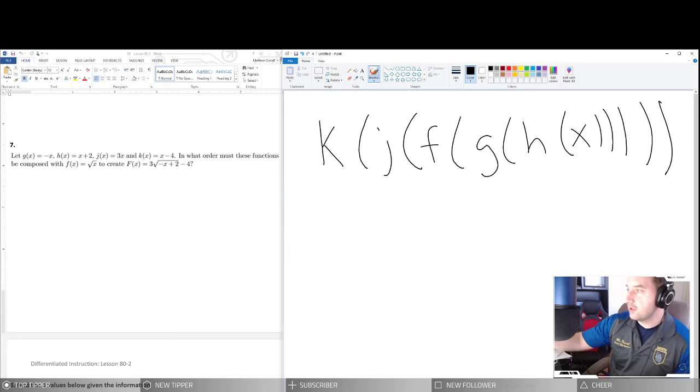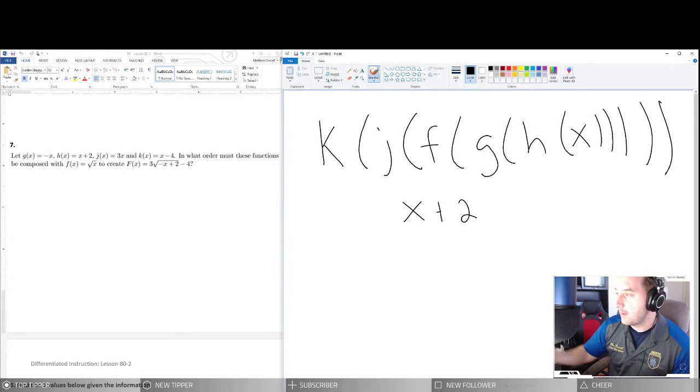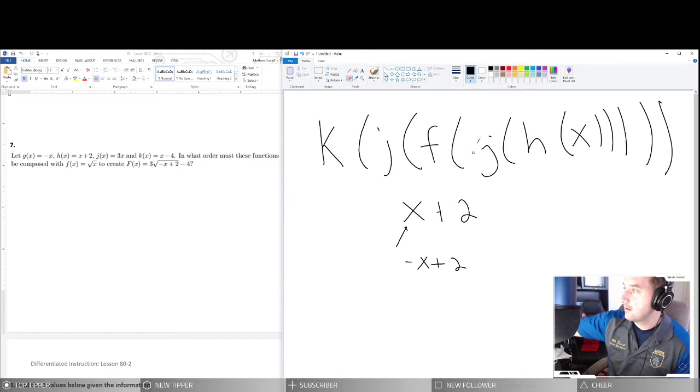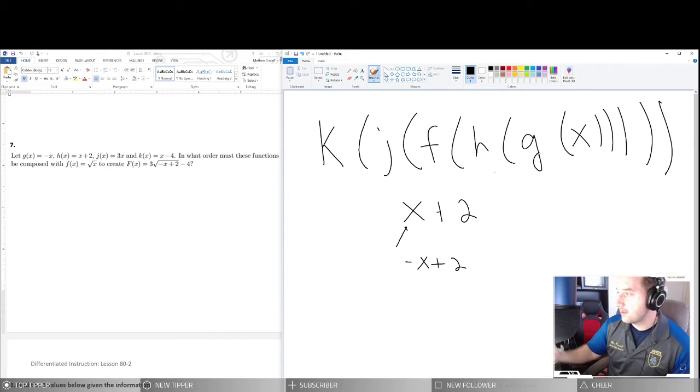Yeah, no. So if we start with the x plus 2, which is my h, so I plug in g into that, so that becomes negative x plus 2. I'm sorry, I need to switch those. Whoops. I was right. I wrote it down wrong. There we go.